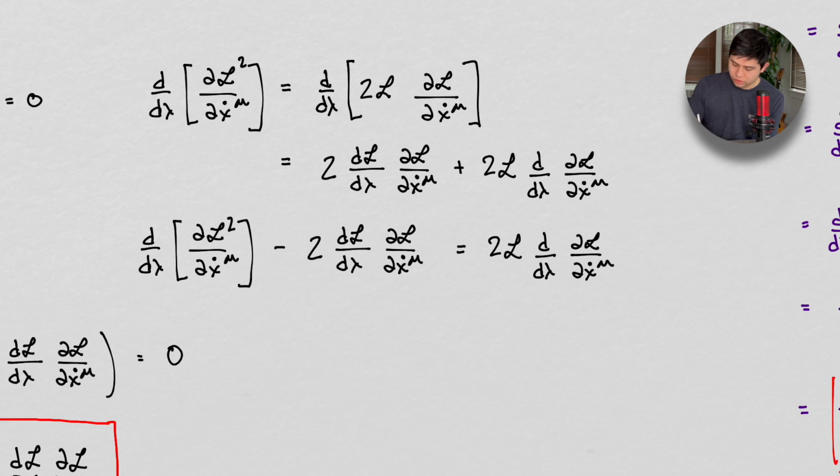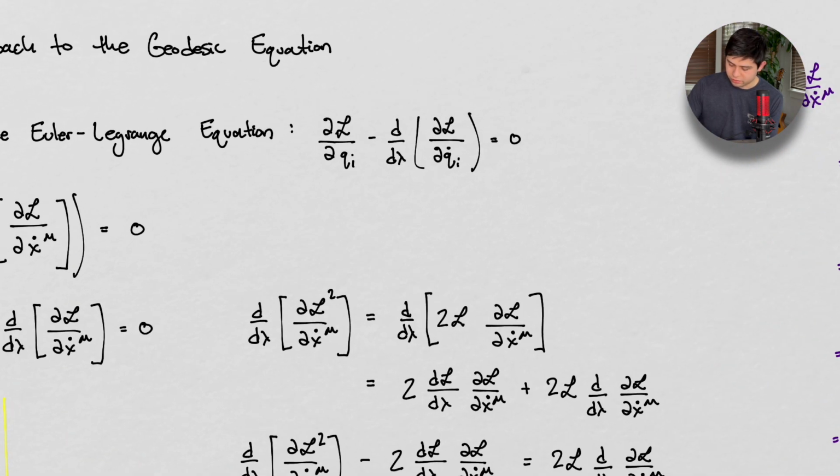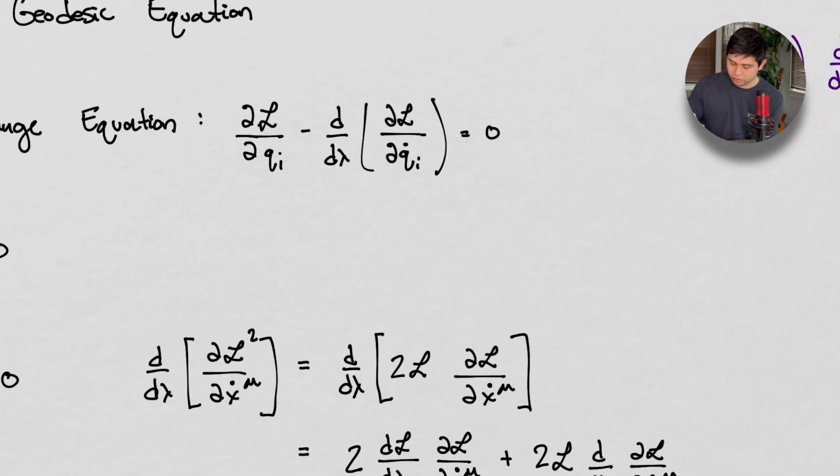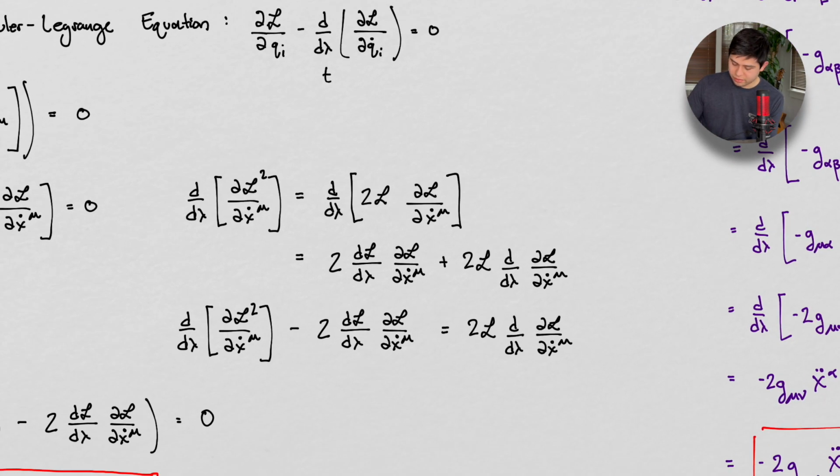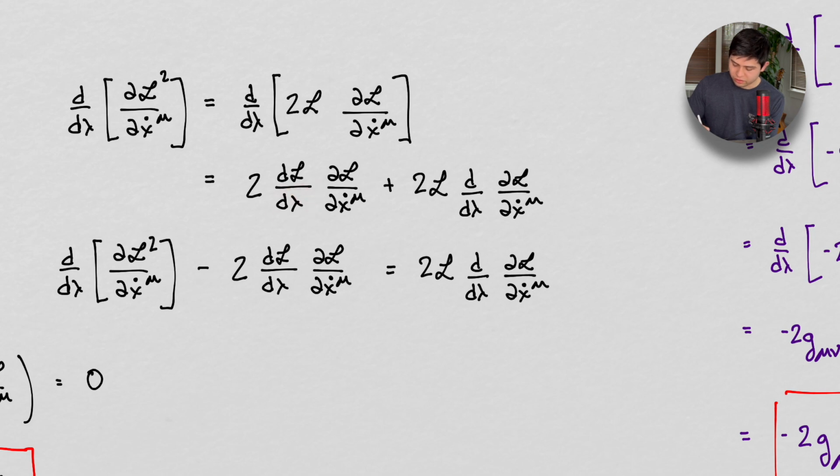So we take the derivative with respect to this parameter. Again, I don't really explain what this parameter is, but this shows up in the Euler-Lagrange equations. Typically, when we're talking classical mechanics, it's time. But anyways, let's get back to this. So with respect to, say, time, we'll call this time.